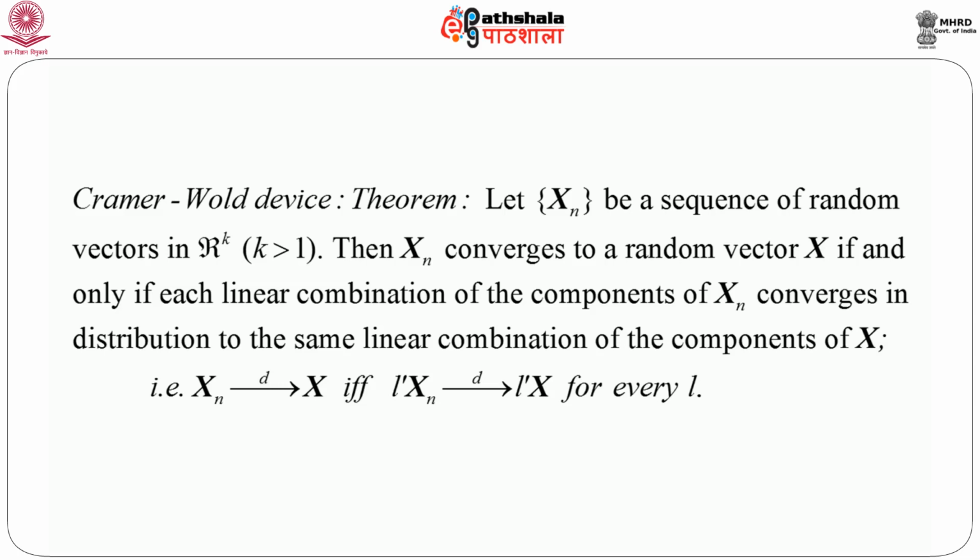So, in notation, the sequence of random vectors x n converges to x in distribution if and only if L prime x n converges to L prime x in distribution for every L. Now, it is very clear that L prime x is univariate, because it is a linear combination of the components of x.